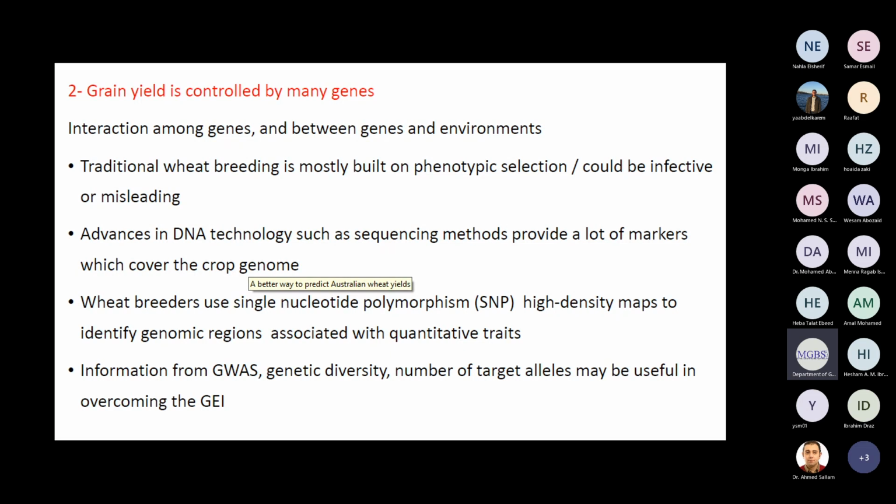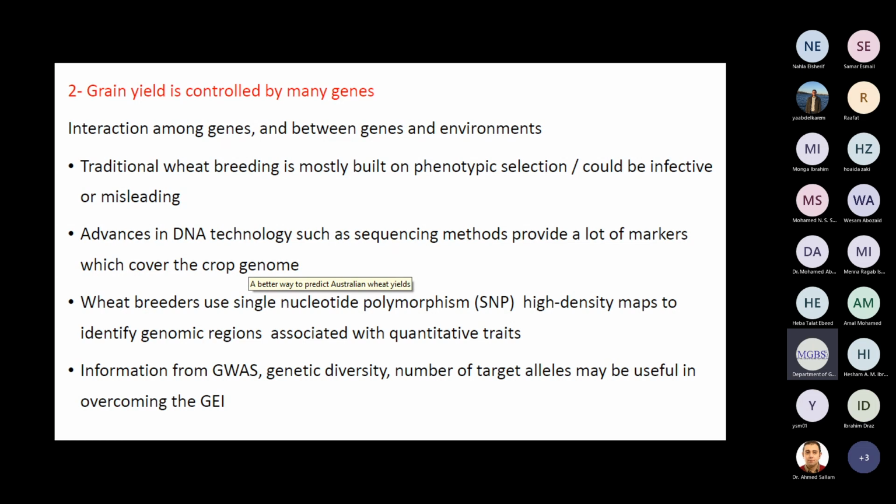This is a very important method which allows us to identify alleles and genes associated with target traits. Could be grain yield, could be disease resistance, could be tolerance to drought or frost tolerance, as an example. Also, it allows us to go further in genetic analysis, such as genetic diversity and identifying the number of target alleles.